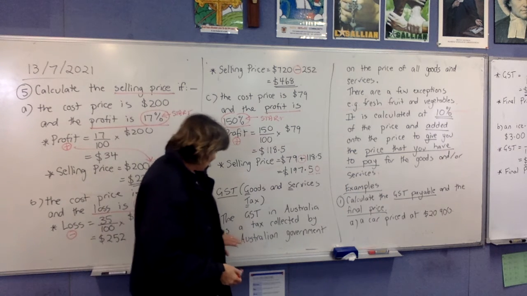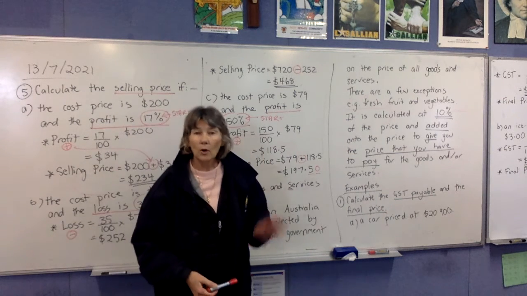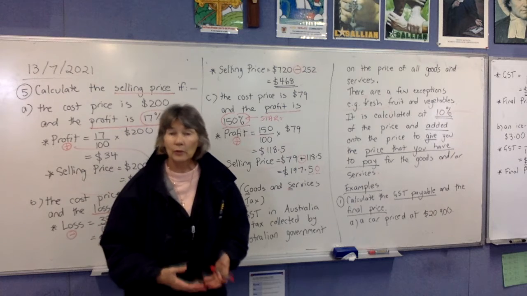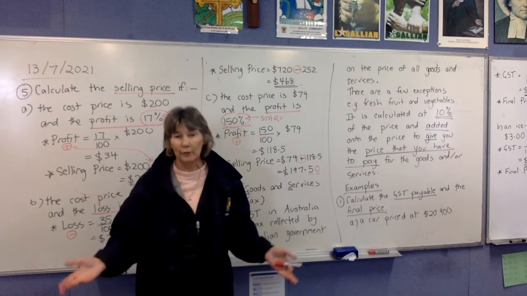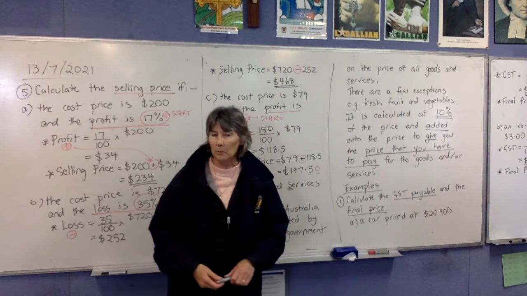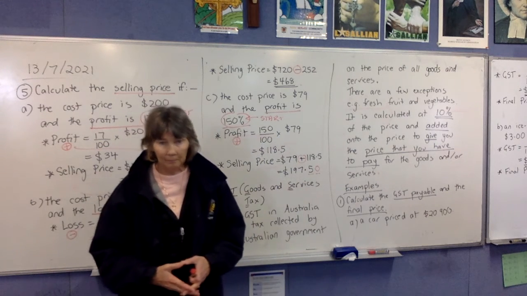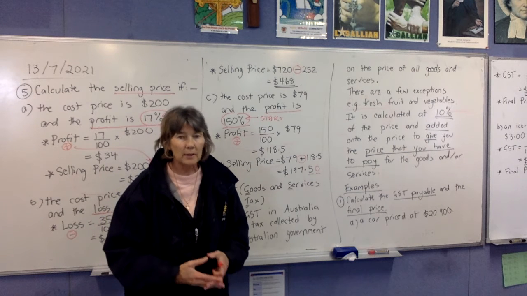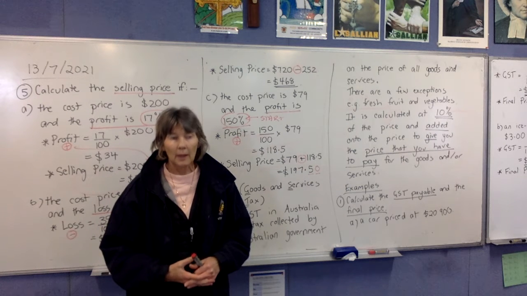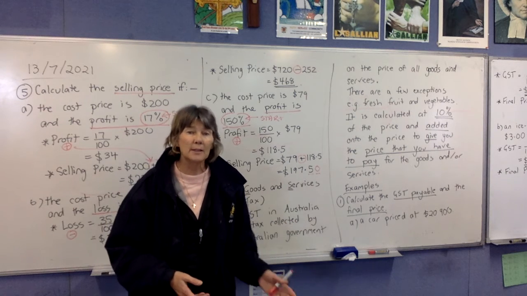It's collected on the price of all goods and services, which if you think about it covers pretty much everything. There are a few exceptions like fresh fruit and vegetables, but other than that, every single thing you buy, you are paying a tax to the government. Every single service you buy, you are paying a tax to the government.